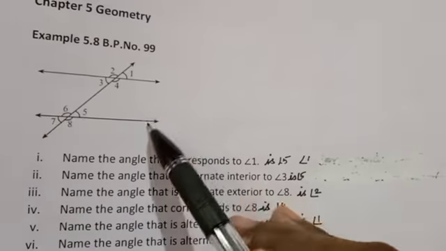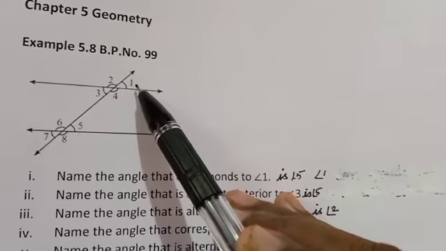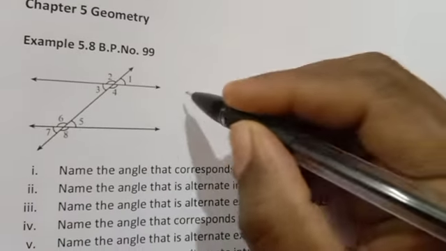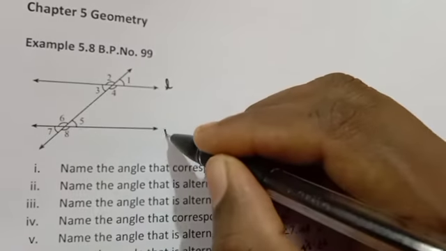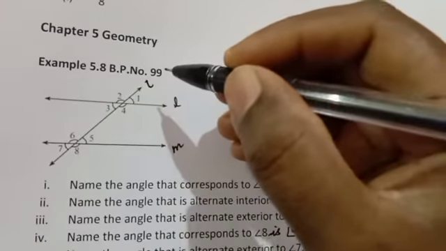For this first line, suppose you give the names L, M, and transversal line T. You can give any name, that is not a problem.